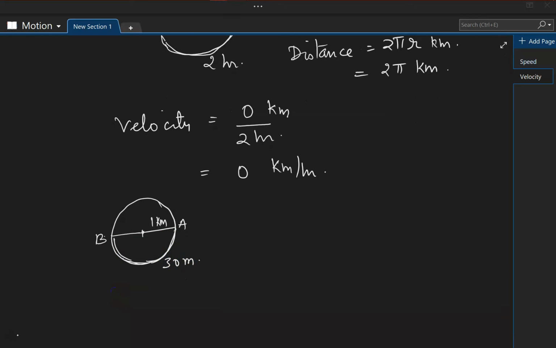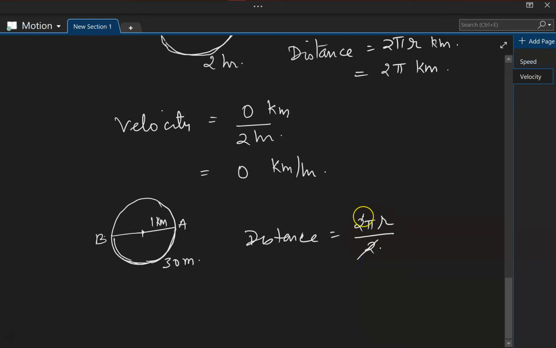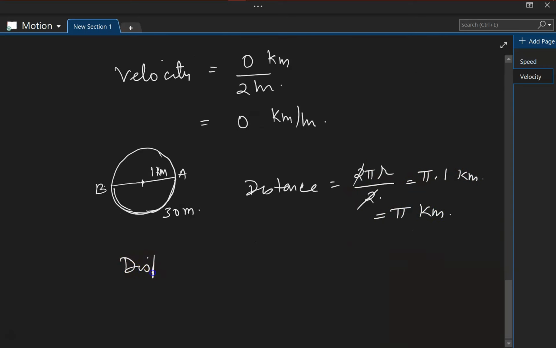Okay, in this case, distance would be, full circle will be 2 pi r, but we are covering only half the distance, so divided by 2, so we get pi times 1 kilometer, that is pi kilometer.